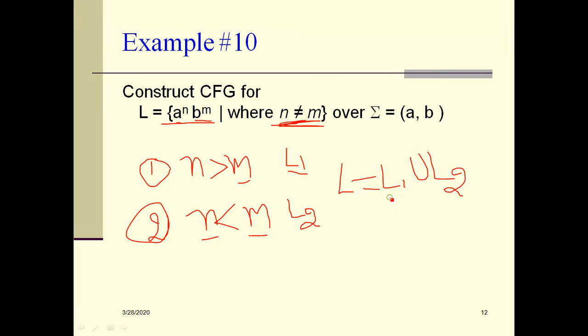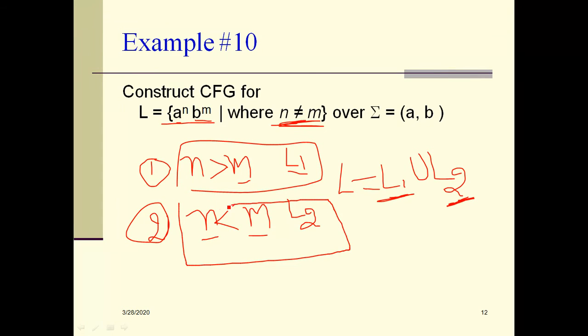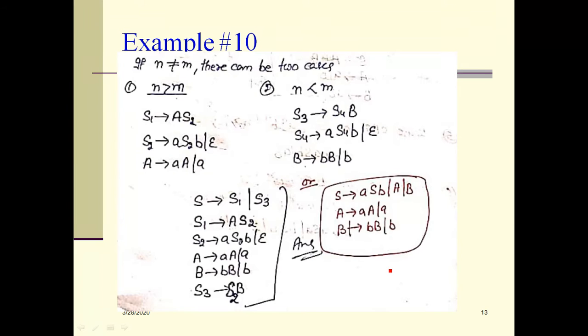That is, either the number of a is greater than the number of b, or the number of b is greater than the number of a, right? So first we try to write down the grammar for L1, then for L2. And once I have the grammar for L1 and L2 independently, then I can simply use the union of these two, because context-free languages are closed under the union operation, right?